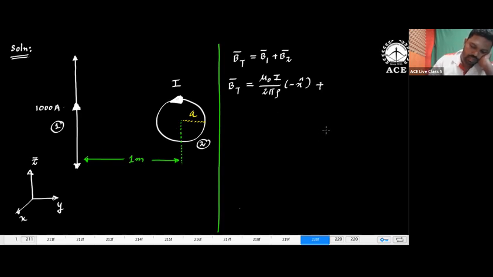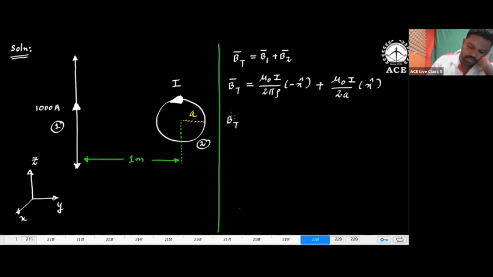Plus, what is B2, beta? The current is flowing like this. The magnetic field is outside here. Outside means positive x direction. Yes. So here it is mu naught into I divided by 2 into A is positive x direction.